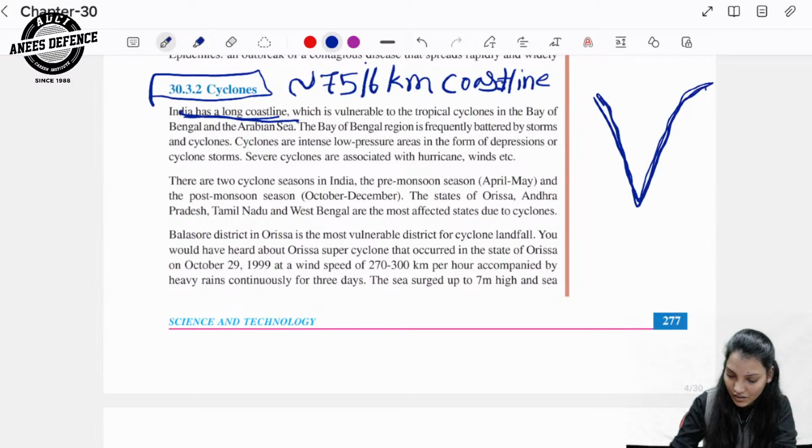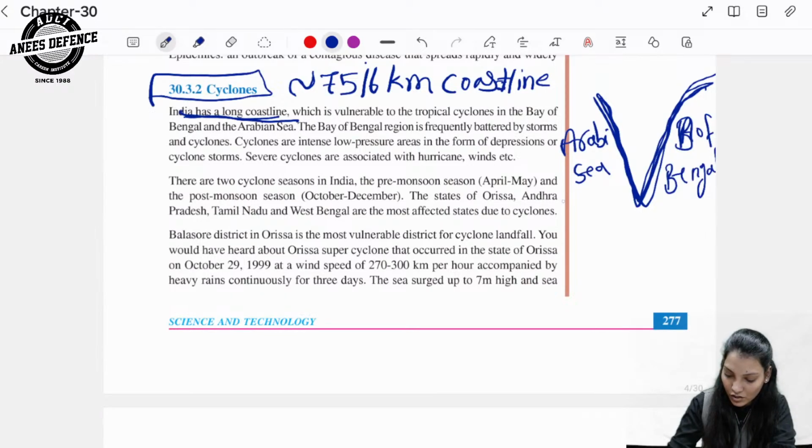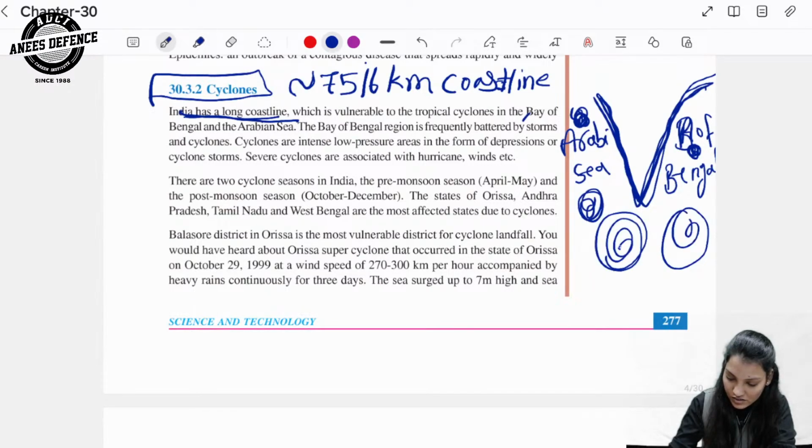Here we have the Arabian Sea, and here we have the Bay of Bengal. So where do cyclones occur? Here. Cyclones come in this region. Because of the cyclonic condition, these states are vulnerable to cyclones.